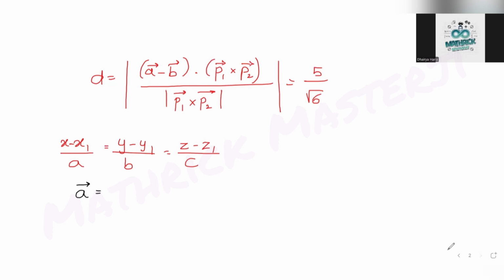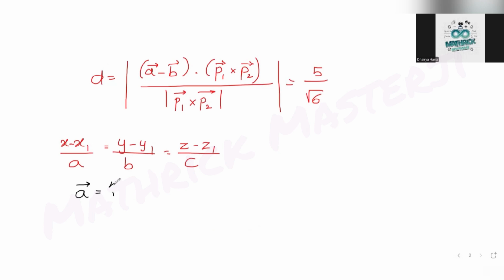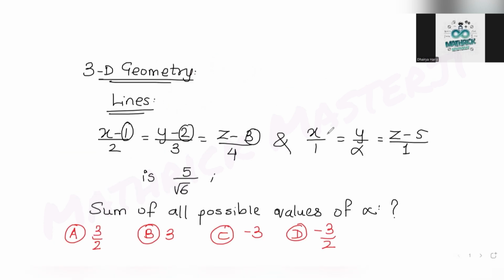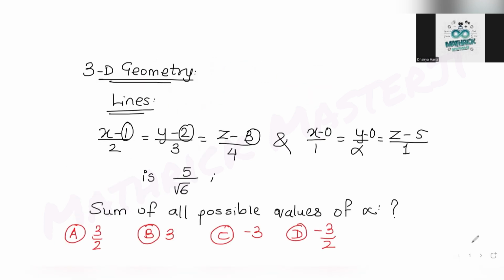Comparing, I have 1, 2, and 3, so I get i plus 2j plus 3k. For my vector B, I can write this as (x minus 0) over 1, (y minus 0) over alpha, and (z minus 5) over 1. That leaves 0i, 0j, and 5k.